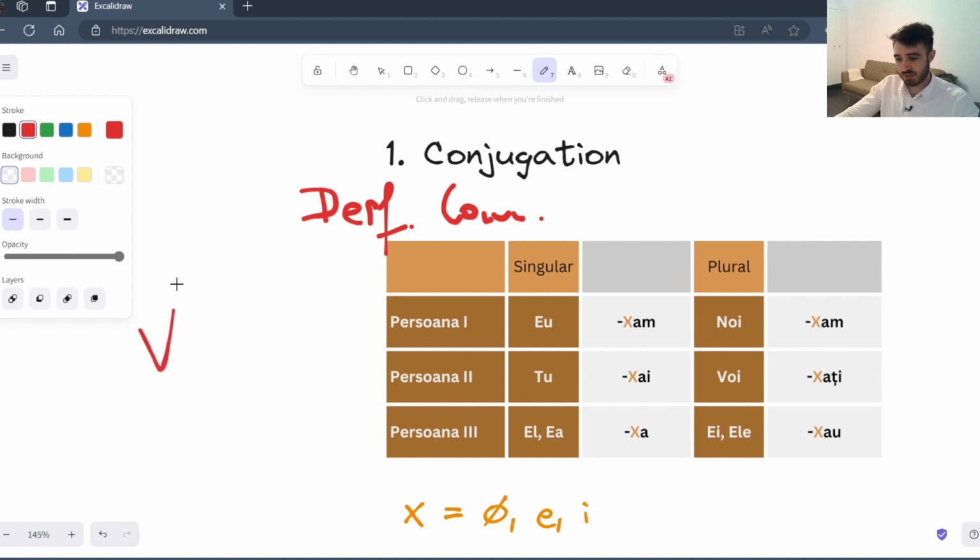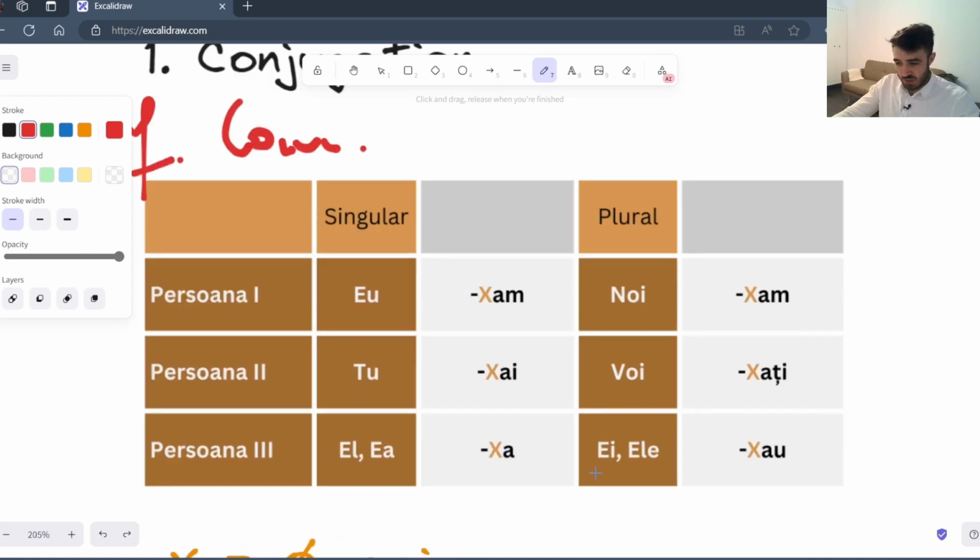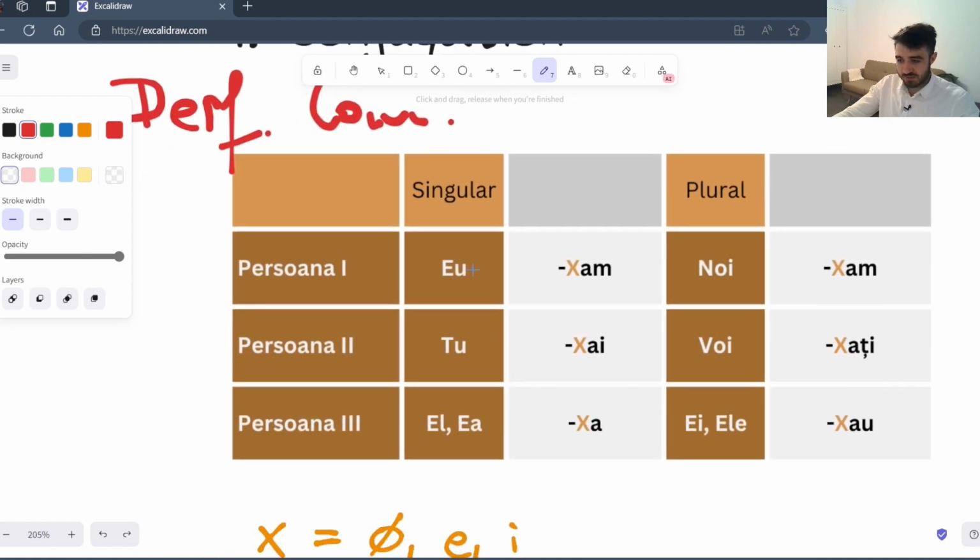So you have the verb and you move the auxiliary to the end, and it gets completely joined, concatenated, if you want.